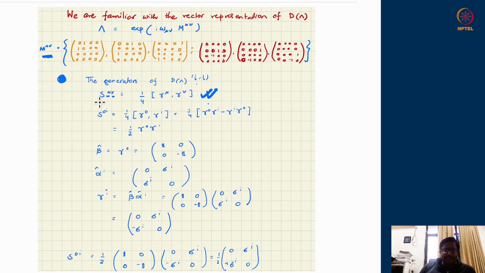So those 6 elements of S mu nu exactly satisfy the same algebra which the 6 components of M mu nu satisfy. So this is also a valid representation of Lorentz transformation generators, and these are the things which will act on spinors. So the S mu nu are the generators of transformation.